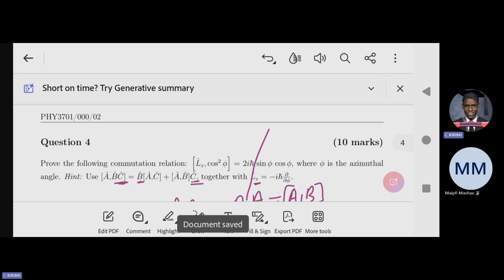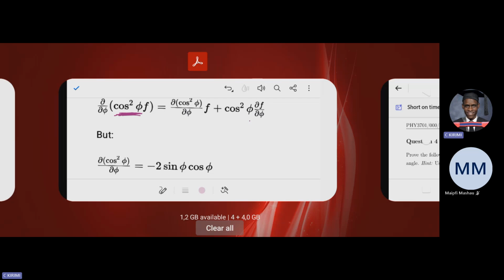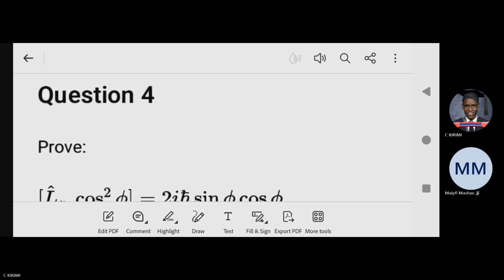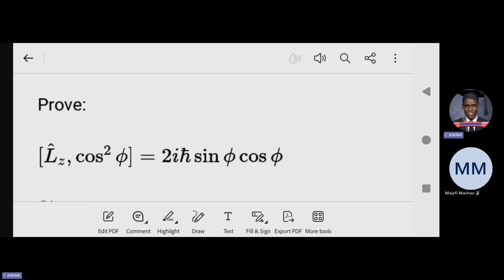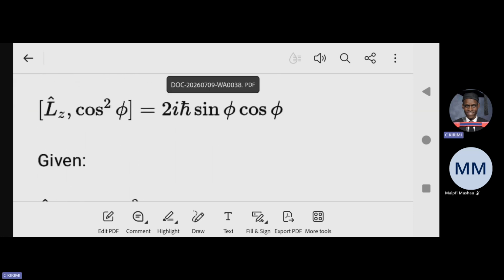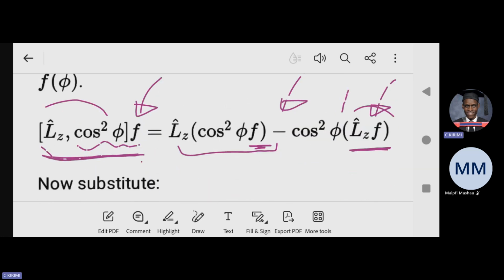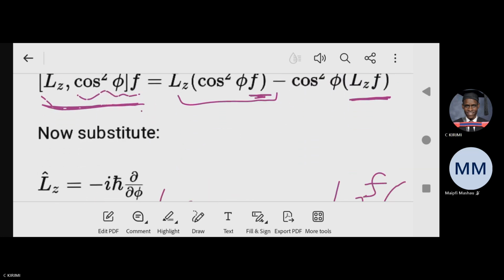All right, so can you see that here? That information was not given. Where did they get this one from? This information, the 2 i H bar, where are we getting it from? How did we arrive here?